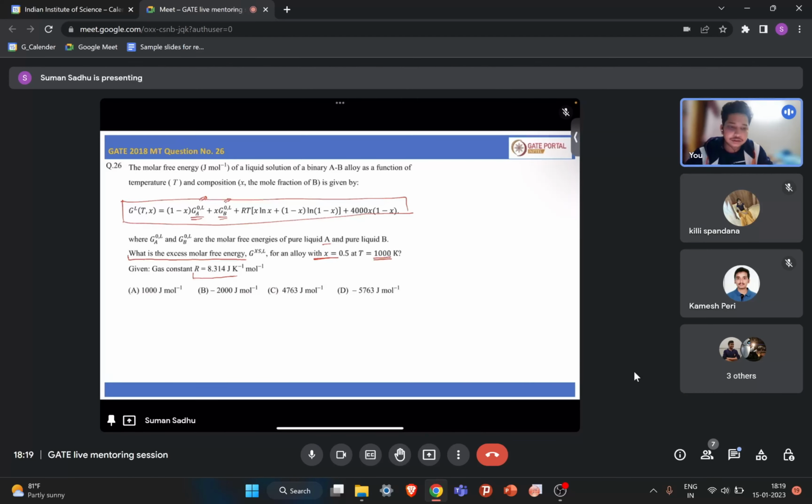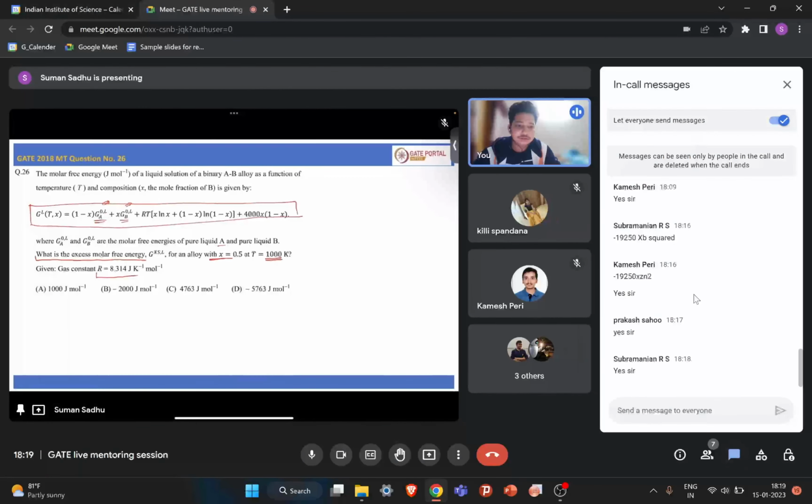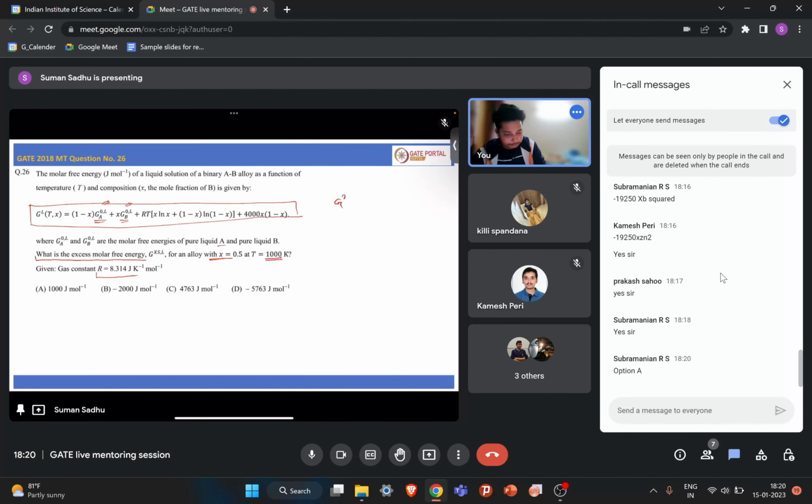So can anyone solve this? We have already covered this concept today, so now I think we can easily solve this. What is the G axis? Free energy.